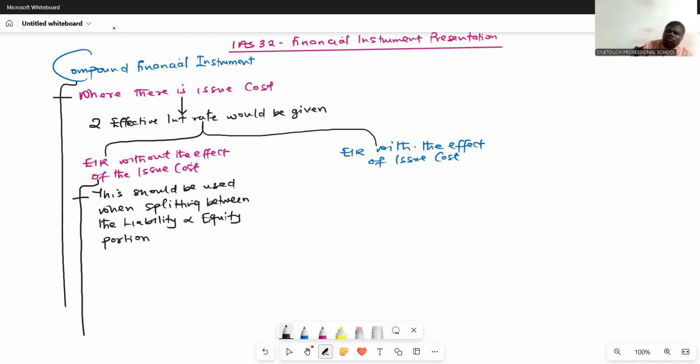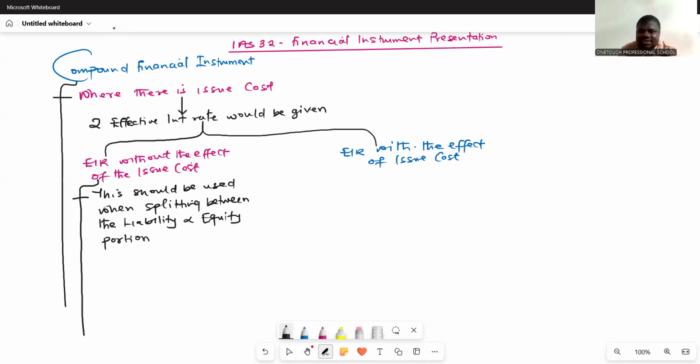Then, what will be the use of the effective interest rate with the effect of the issue cost? So now, we are going to go through a process. In that process, after we have split the liability and equity portion, we now deduct the issue cost. How do we deduct? We share the issue cost in the ratio of the liability portion and equity portion.